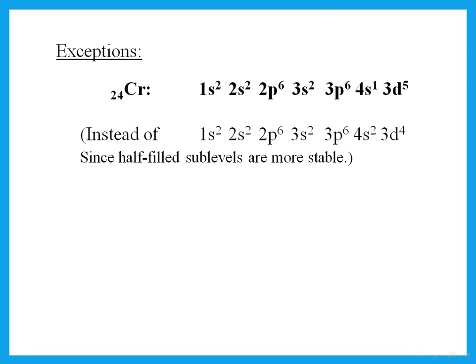But this is not what we actually do, because we need to make the sublevels half filled. If they're half filled, they're more stable. So instead of writing it 4s2, 3d4, we write it 4s1, 3d5. That means the 4s and the 3d are now half filled. So this is more stable.